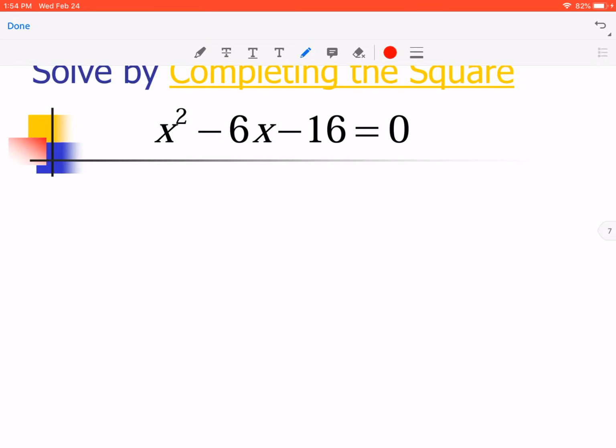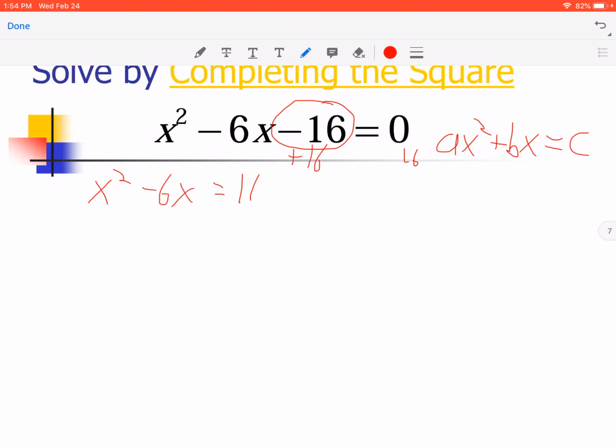You actually want it to be in the form ax squared plus bx equals c, which means we need to move this minus 16 back over to the right side. Well, you do that by adding 16. So we should get x squared minus 6x equals 16.